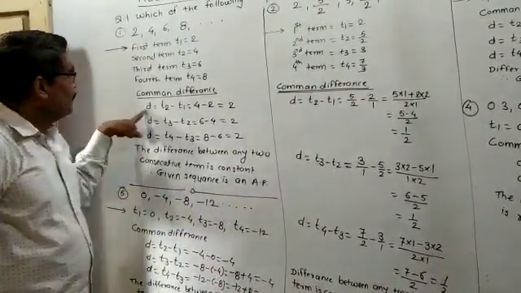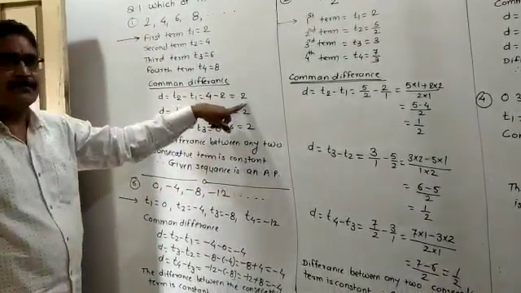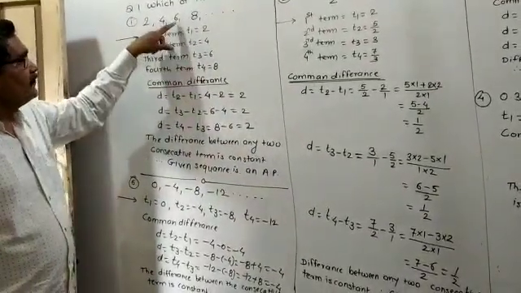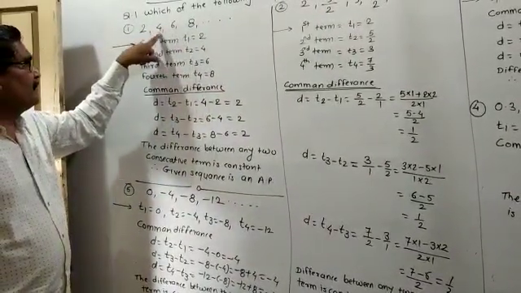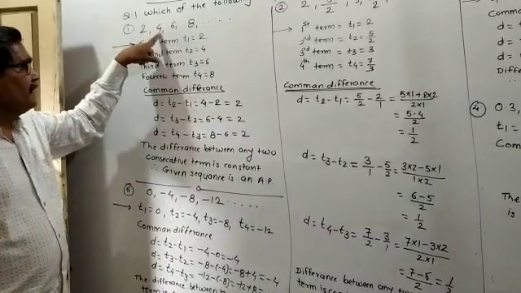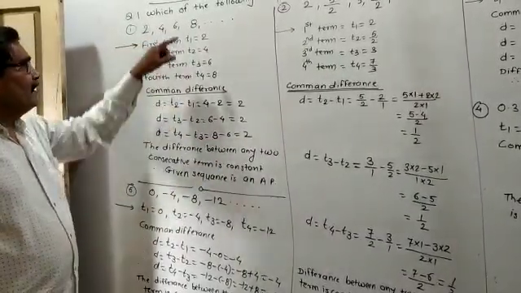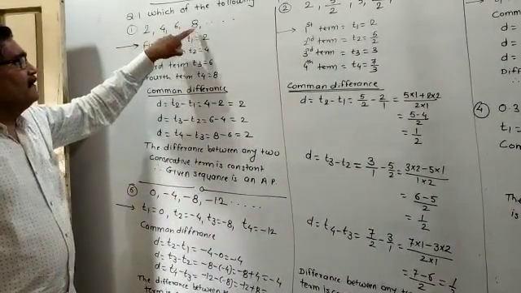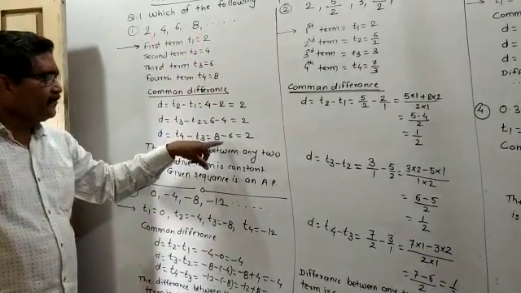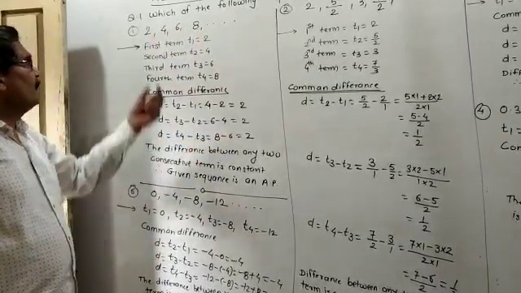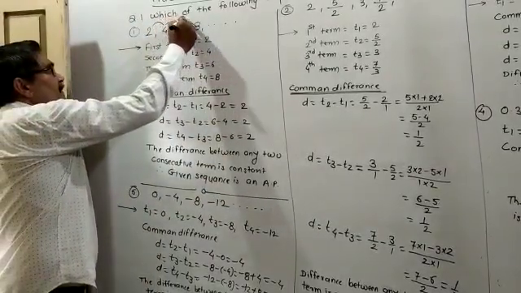So d is equal to T2 minus T1, which is 4 minus 2, equal to 2. T3 minus T2 is 6 minus 4, equal to 2. And T4 minus T3 is 8 minus 6, equal to 2.